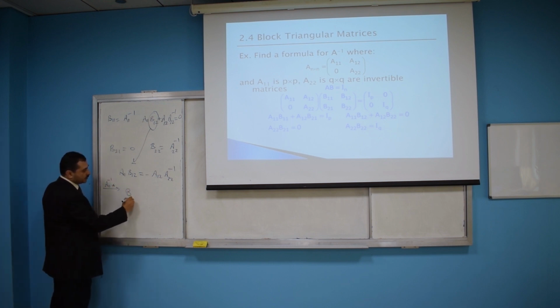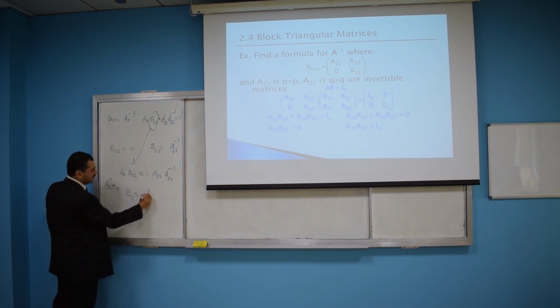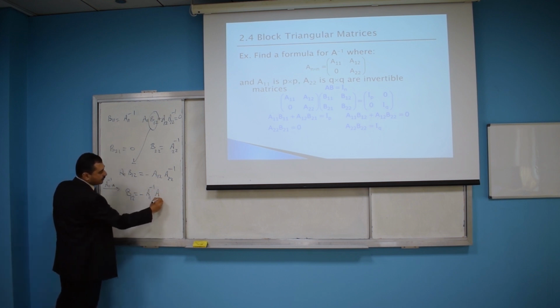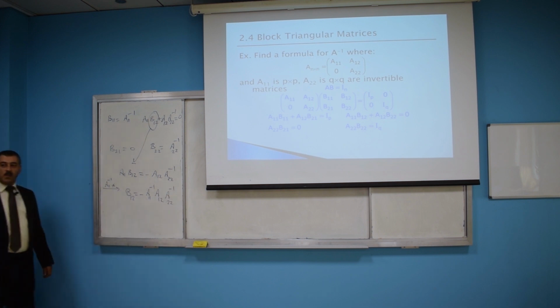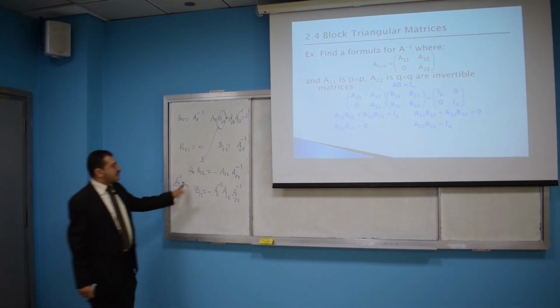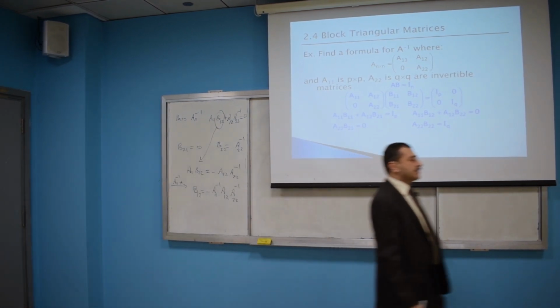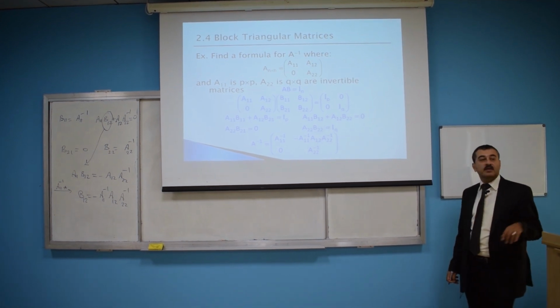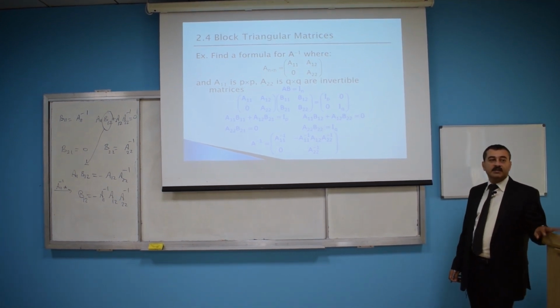So we'll get B12 equal negative inverse of A11, A12, inverse of A22. So put these guys in your matrix B to get a formula for the inverse of the block triangular matrix.